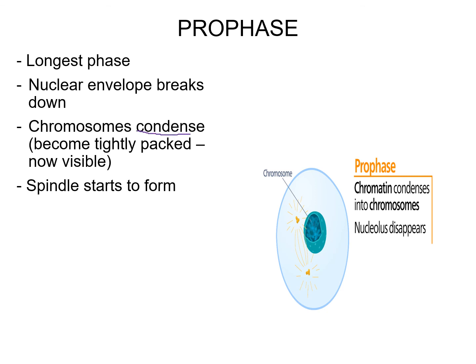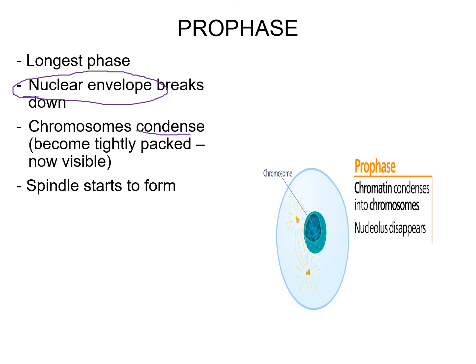The nuclear envelope is going to start breaking down. Remember, the nuclear envelope is basically the plasma membrane of the nucleus. It's just the outer wall of the nucleus. And we're going to break that down because we're eventually going to split the nucleus. And what's going to happen is these spindles, these proteins, are going to start forming.